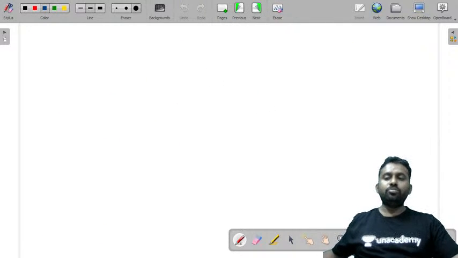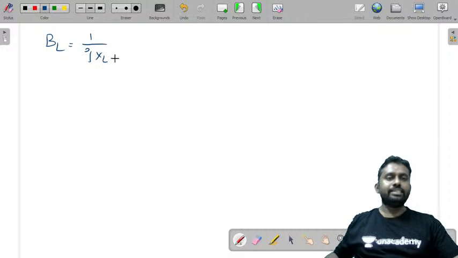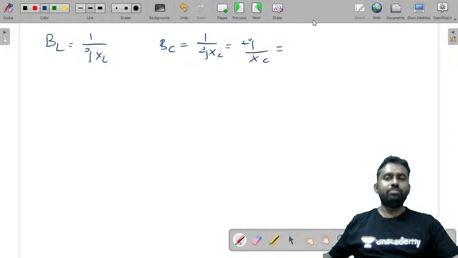And if you try to plot the behavior of conductance and susceptance: BL is equal to 1 by JXL, and BC is equal to 1 by minus JXC, or plus J by XC. What is XC? 1 by 2 pi FC.